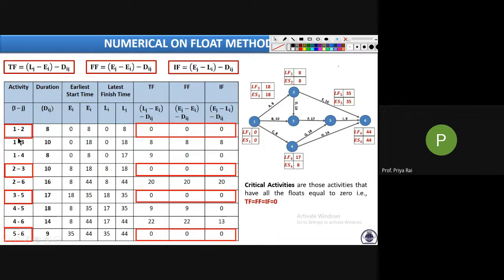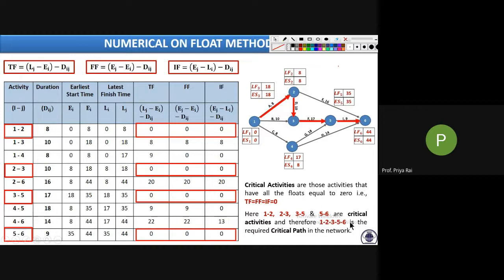Which are the critical activities? 1 to 2 is the A activity. 2 to 3 is the D activity. 3 to 5 is the F activity, and 5 to 6 is the I activity. So these red arrows are the critical activities, and the path they follow is the critical path. That is, the critical path is 1 to 2, 2 to 3, 3 to 5, 5 to 6.